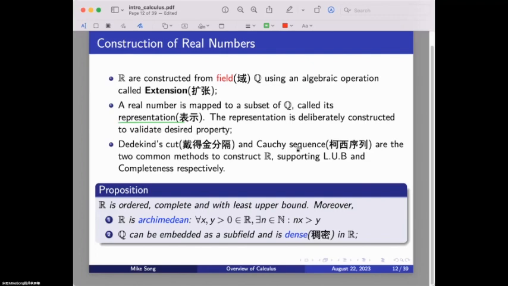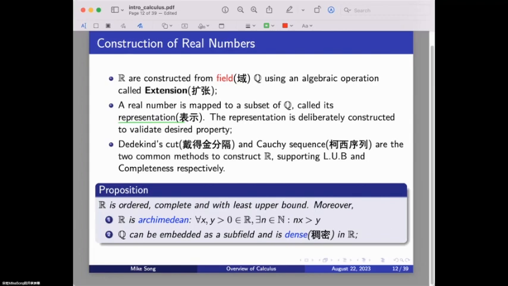The representation is deliberately constructed to support the desired property. For example, Dedekind's cut is a representation of R to support the least upper bound, and Cantor's Cauchy sequence is another representation to support completeness. It's proved that both representations are equivalent.